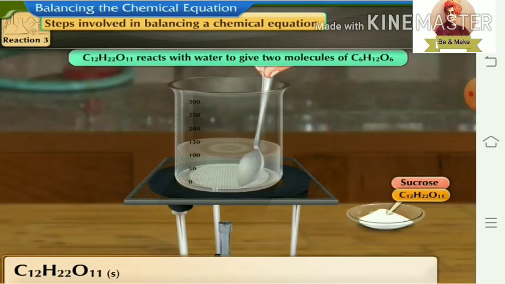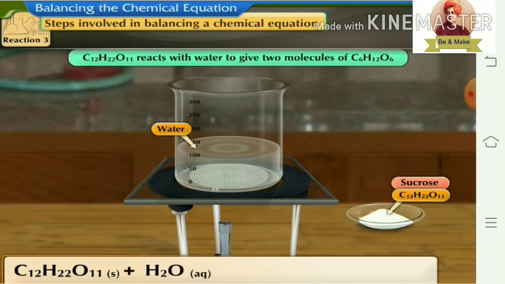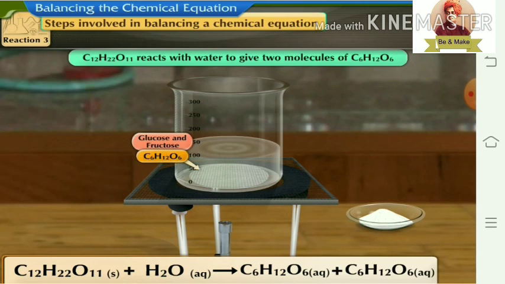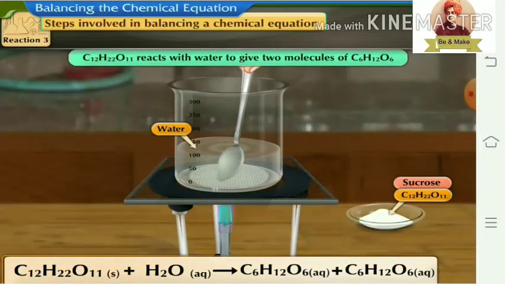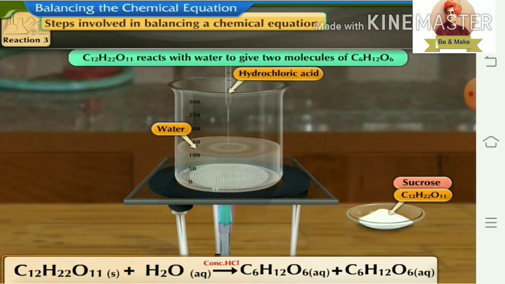Next, steps involved in balancing a chemical reaction. You can take one more example, that is sucrose. When it reacts with water, it gives two molecules, one is glucose, one is fructose. Both have the same molecular formula.